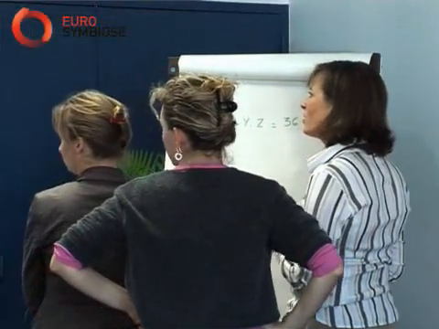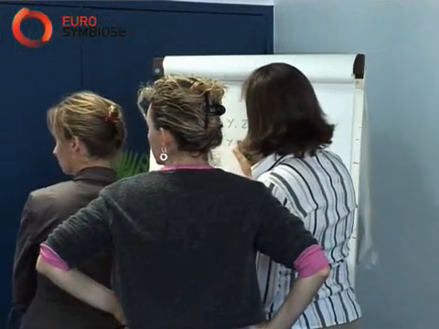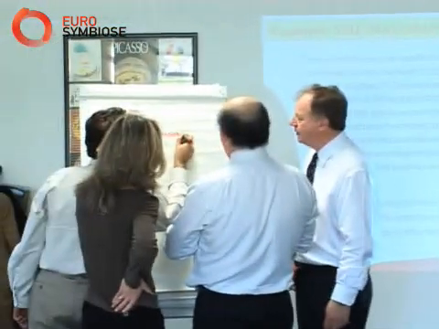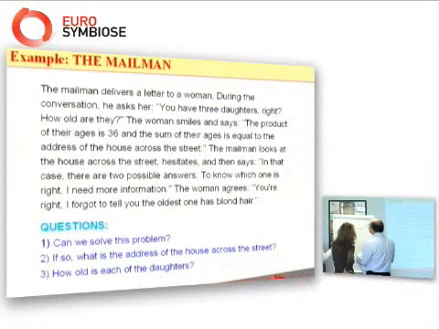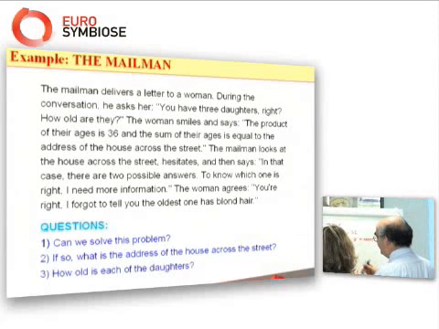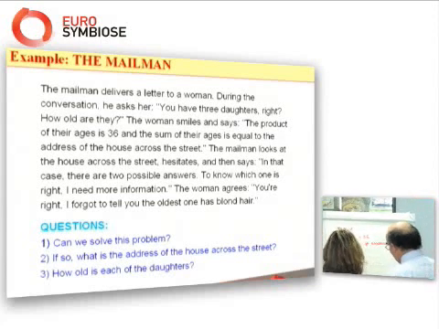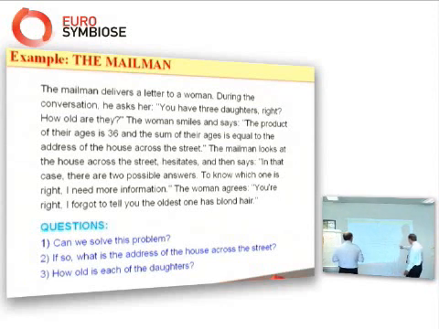Address. Yeah, that's right. That's good. Okay. We need more information. It's not sufficient. Oh, you've got more information. The oldest one has blonde hair. Okay, we're going to add this one.